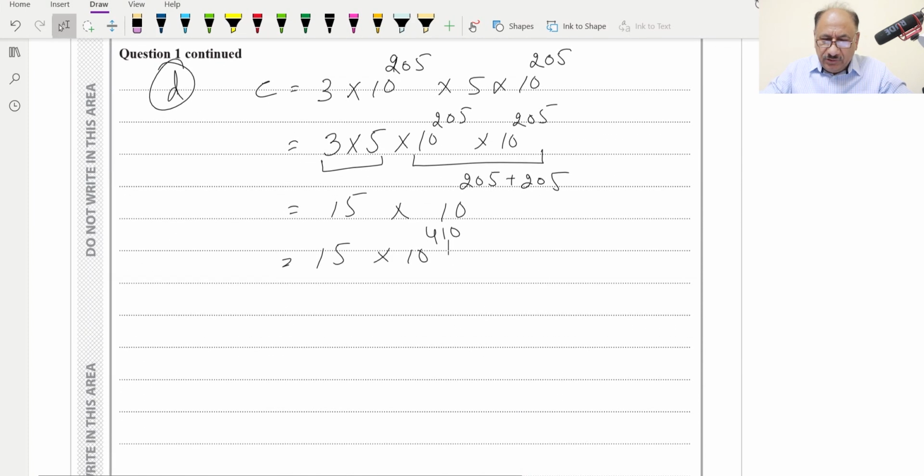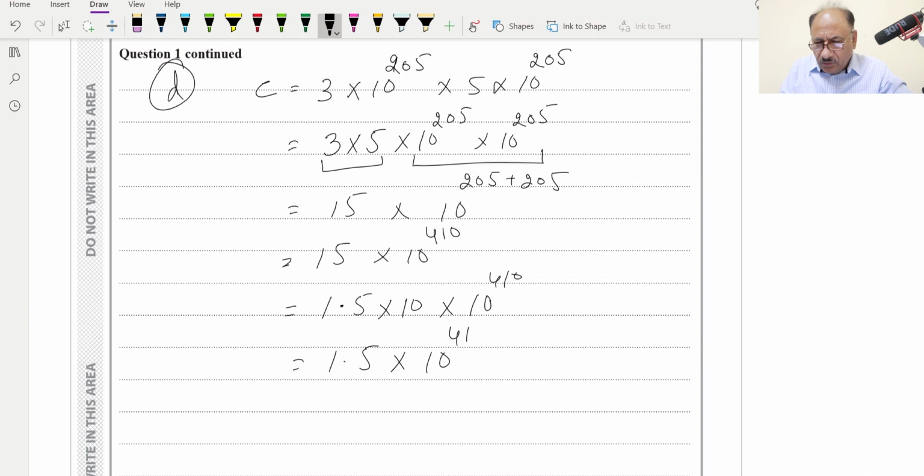Now the answer needs to be provided in scientific form. So we'll put the decimal after the first digit, and this will be 10 multiplied by 10 into 10 raised to 410, resulting in 1.5 into 10 raised to 411, and this will be the final answer for this question.